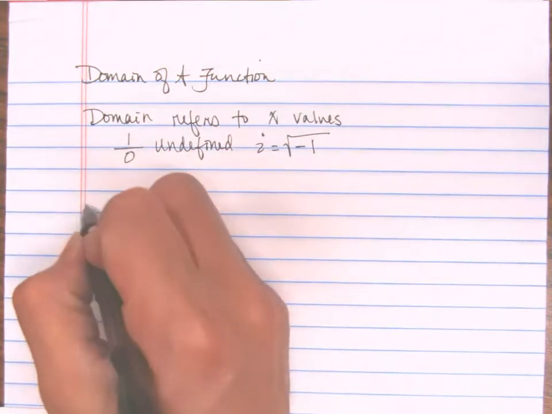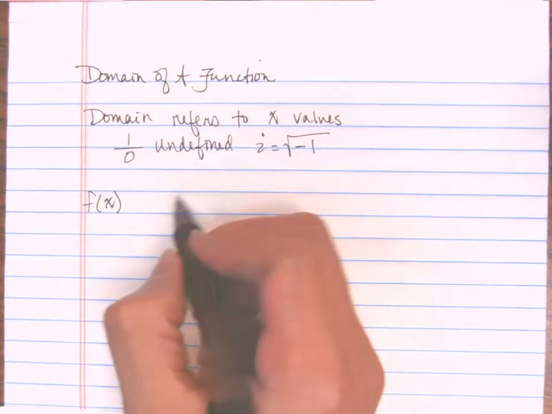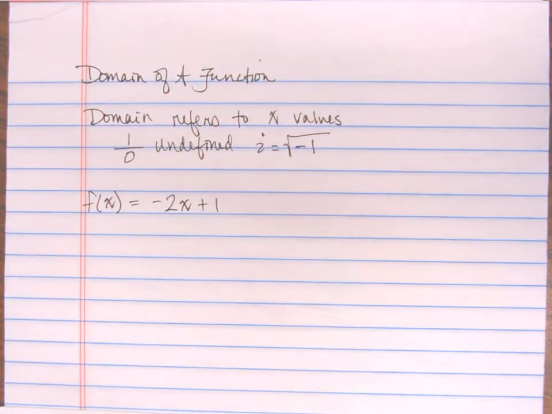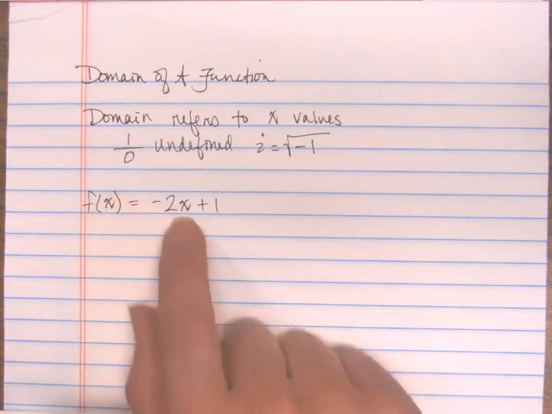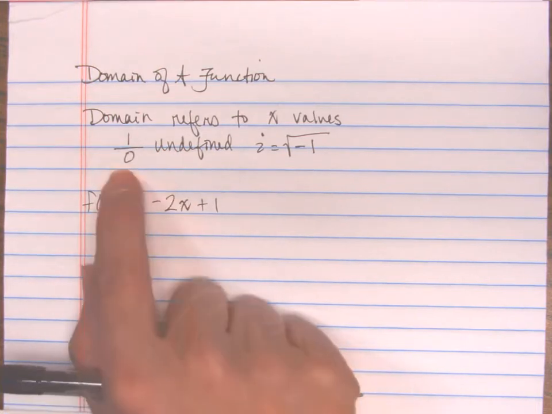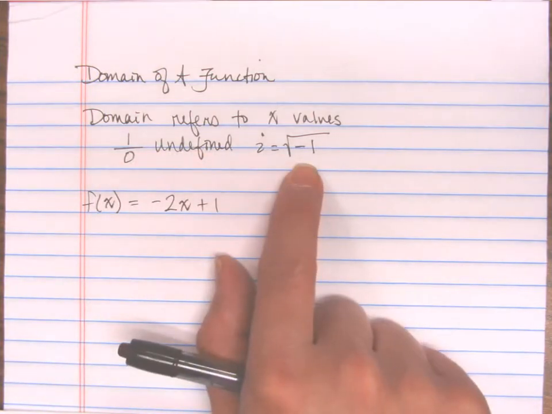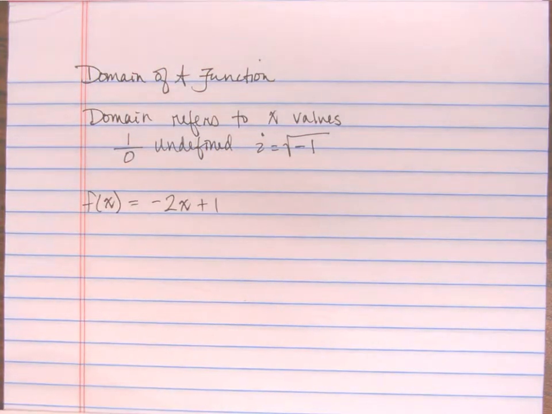Okay, so for an example, let's say we're given the equation f of x equals negative 2x plus 1. So just thinking about numbers that I could plug in for x that are real numbers, there's nothing in here that I can plug in for x that is going to result in either getting something undefined or something imaginary. You could stick whatever number you want, irrational, rational, it does not matter.